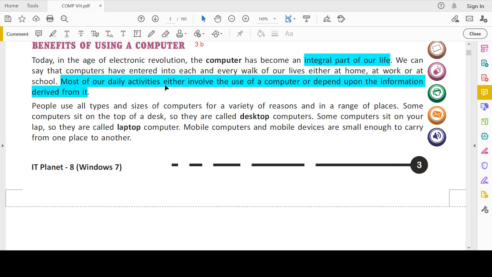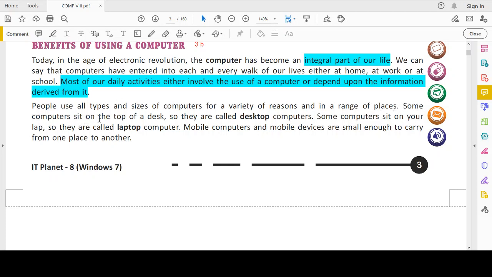Most of our daily activities either involve the use of computer or depend upon the information derived from it. So, we depend on the computer in our day-to-day life. It has become an integral part of our life, right? People use all types and sizes of computers for a variety of reasons in a range of places.